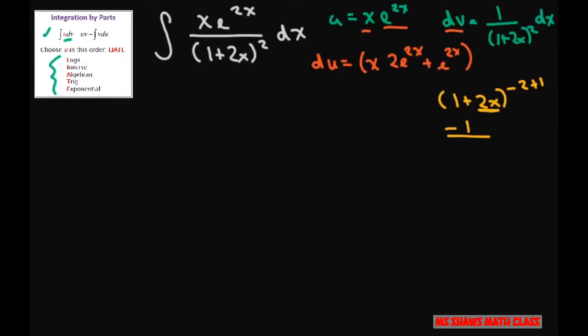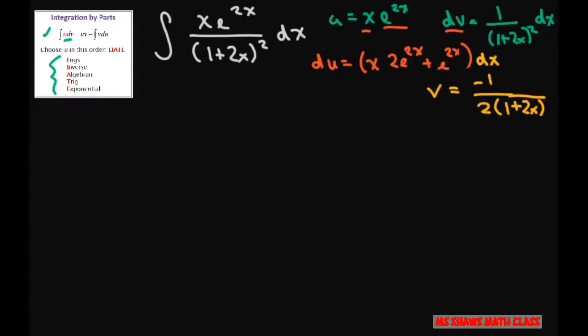So instead of 2, you're going to write 1/2, 1 plus 2x, because that's going to be your 1 right here. So basically, your v, your antiderivative, is just going to be negative 1 divided by 2 times 1 plus 2x. All right, and this should be dx right here. Sorry about that.